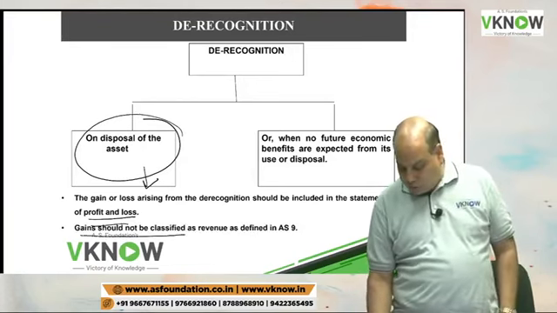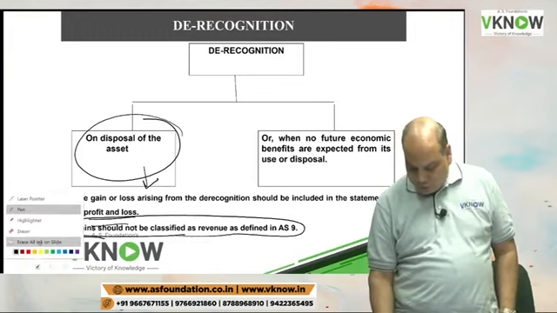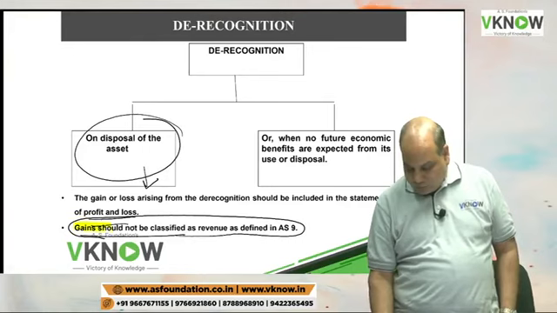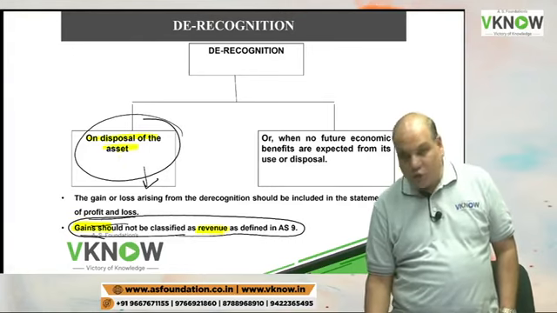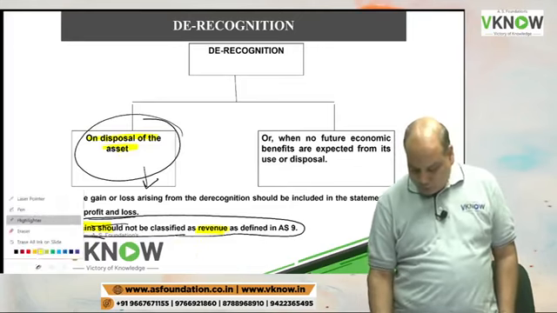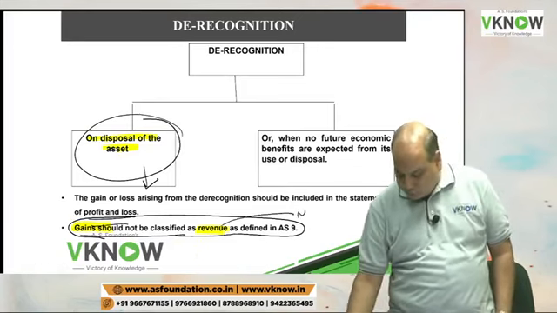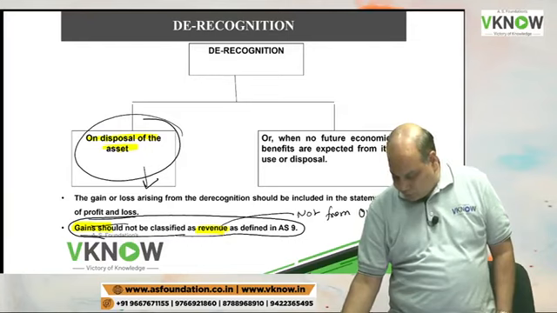Gain should not be classified as revenue. Somewhere in your notes it is written, this gain on sale of PPE is not revenue because it is not from operating activity. Why is it not revenue? It is not from normal operating activities.